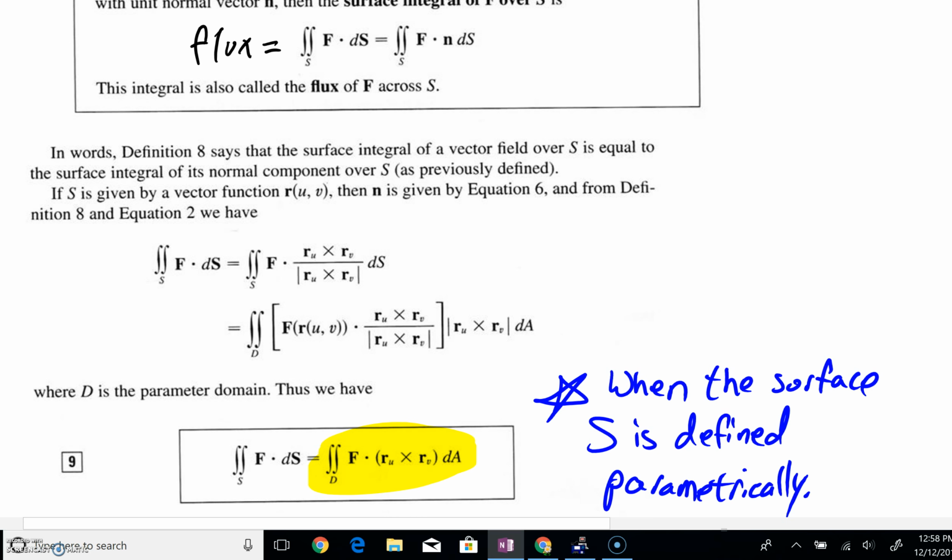Now, when you're finding that normal component, I hope you remember that to find the normal vector, we would multiply by that cross product of r_u cross r_v. But if we wanted that to have a length of 1, we divide by that length. That's really what we're seeing right here.